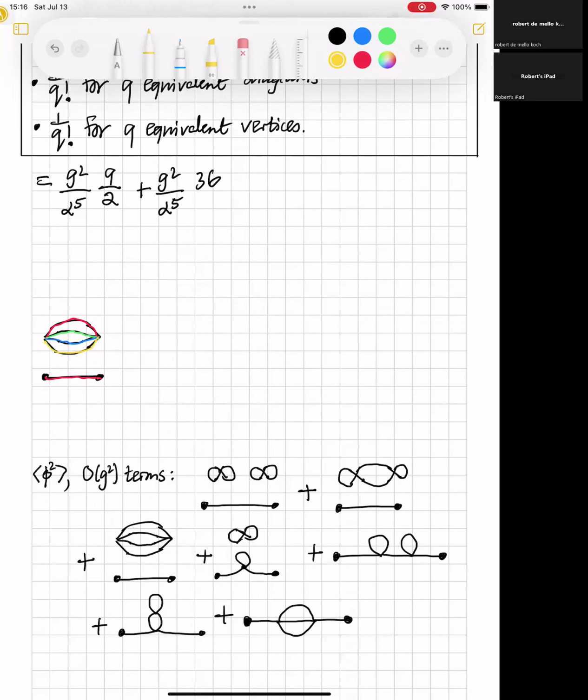So there's a total of 5 lines in this diagram. Lines can start or end on dots and start and end on vertices. So by now, I'm sure that you've properly understood the rule. So this is equal to 1 over alpha to the power of 5, because we've got 5 lines. We've got 2 vertices, so we'll have a minus g squared, and we will have a 24 squared.